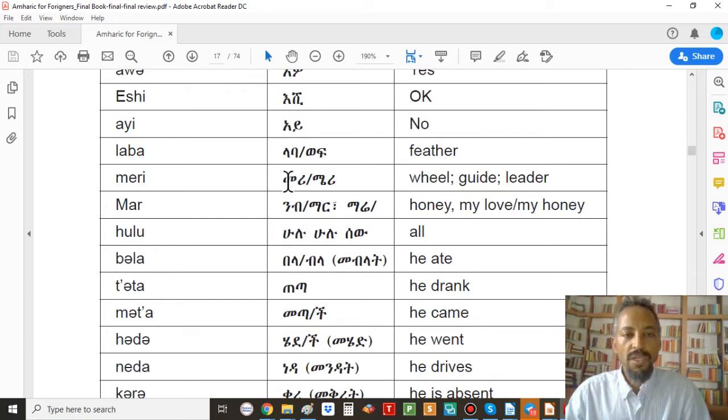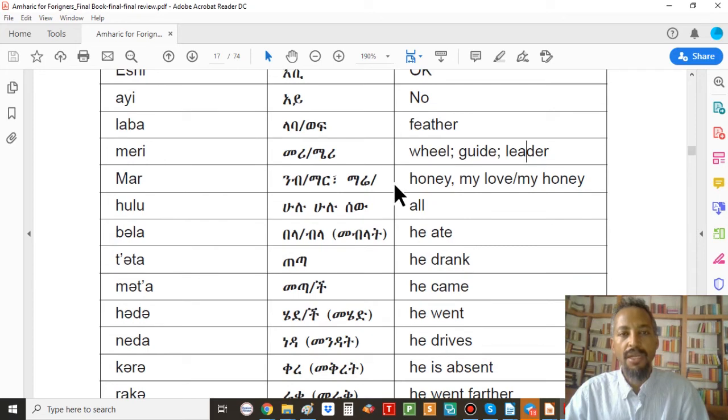So back to the word Mary. Mary means wheel on your vehicle, a guide, a tour guide for example, or a guide document, or a leader. A leader is Mary. So it's a multi-meaning word in Amharic.